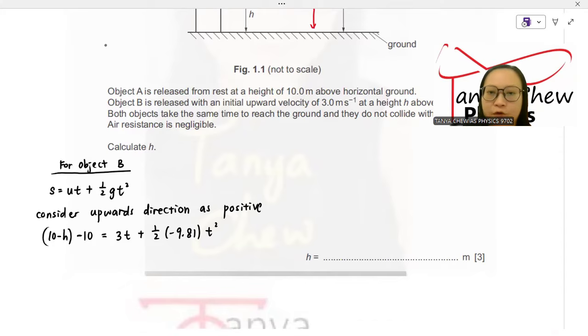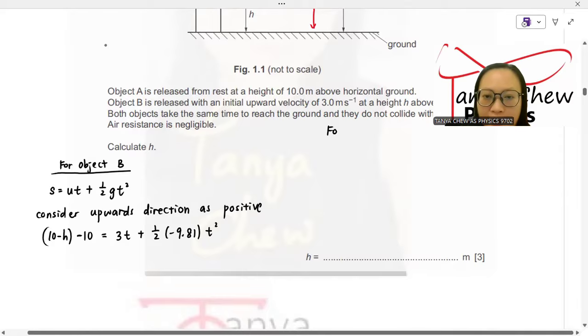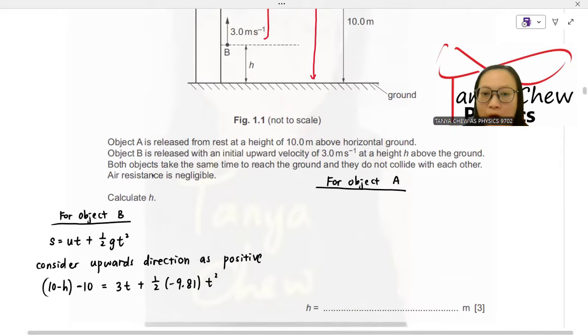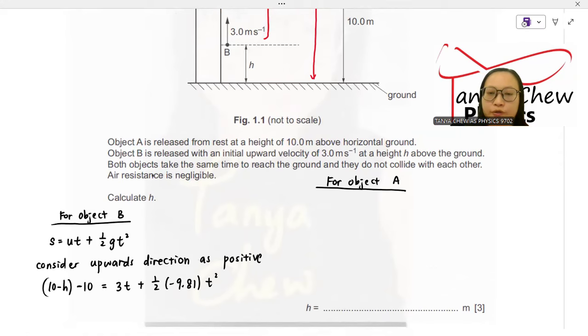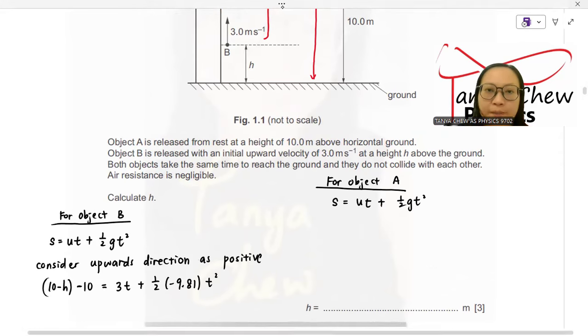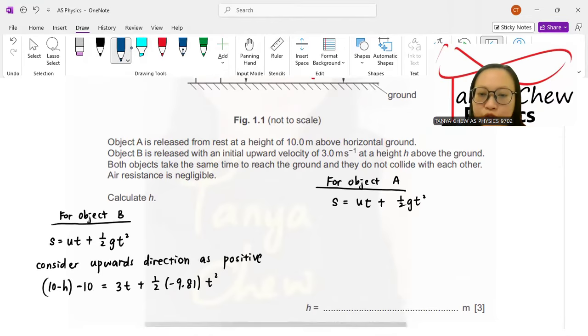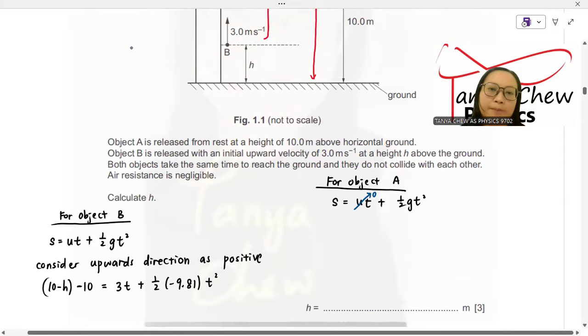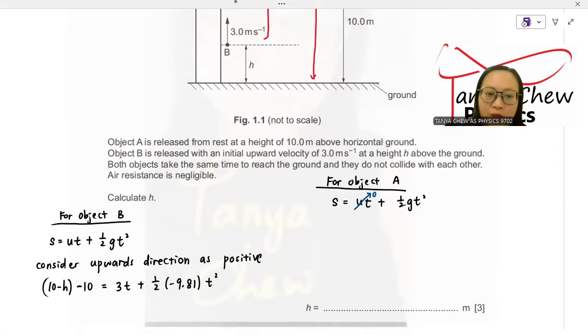So I have no choice but to use object A to find the time, because both objects take the same time to reach the ground. I am still going to use the same kinematic equation, s equals ut plus half gt squared. But the good thing about A is that you can just ignore ut here because A starts from rest.